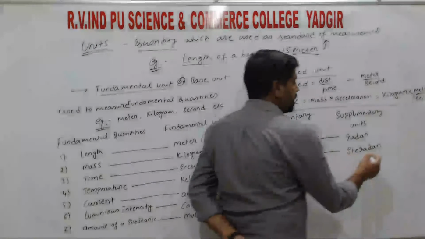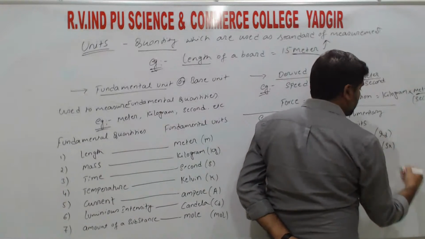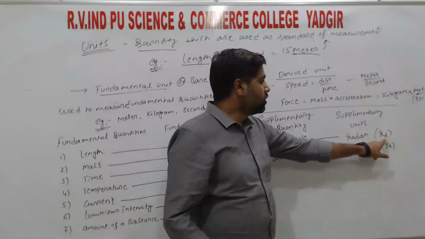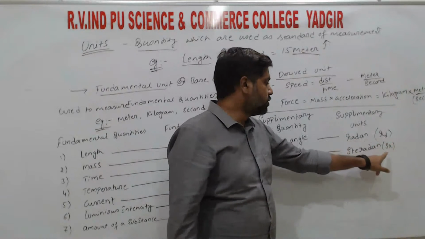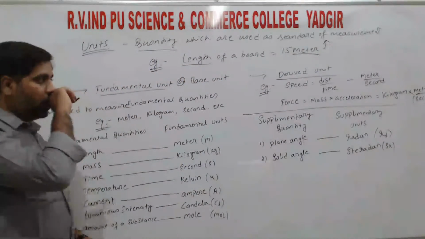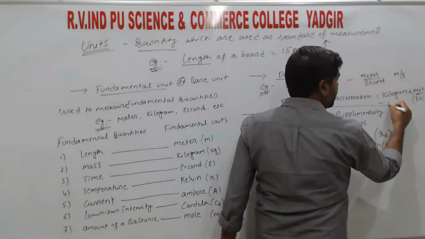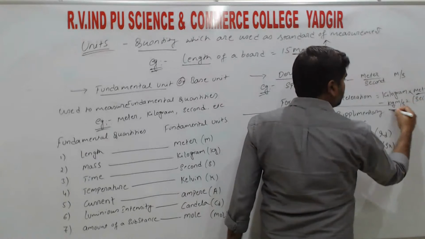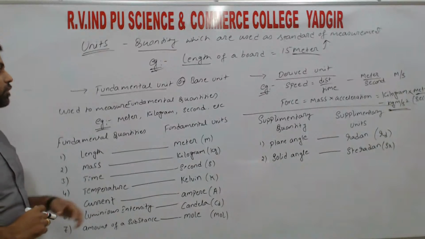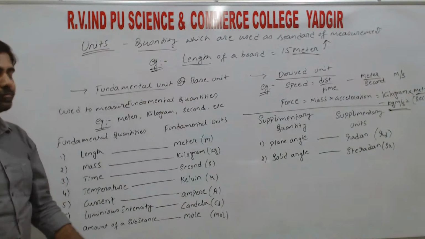So here radian rd, and steradian sr. Some places mention sr d. So here we can write meter per second, and kg meter per second. So that is the difference between the fundamental units and derived units.